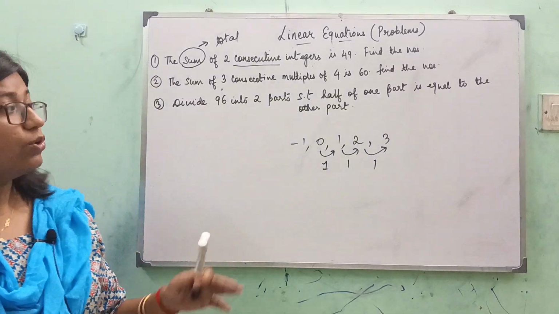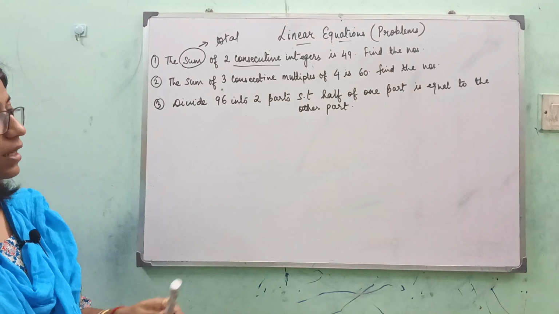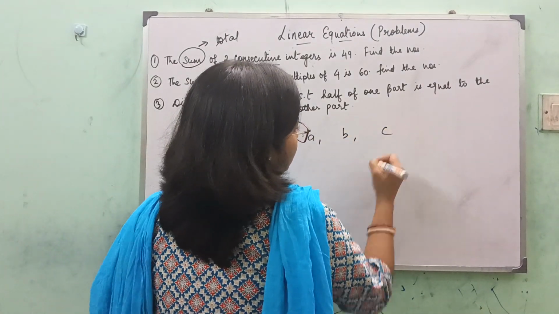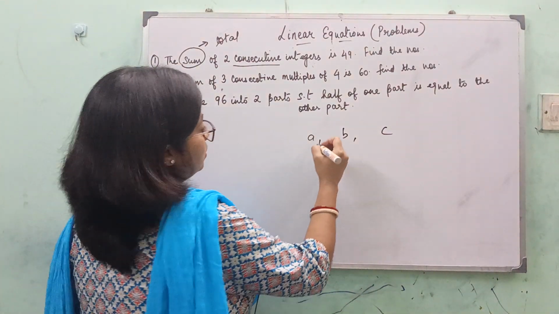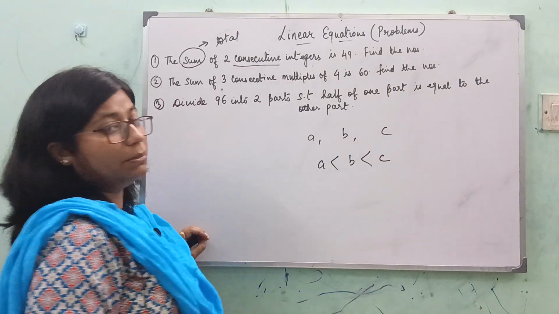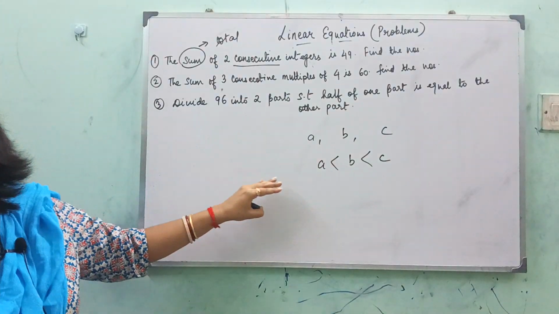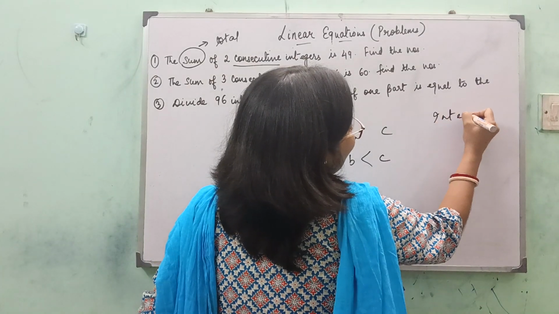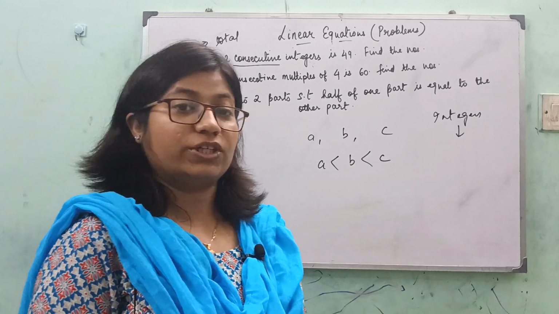We don't know which integers we are talking about, so we are taking three integers, say A, B and C. If I take the integers in series, A is less than B, B is less than C. I'm taking them in this order: A, B, C. If you have any problem with integers, the videos on integers are also there on my channel.